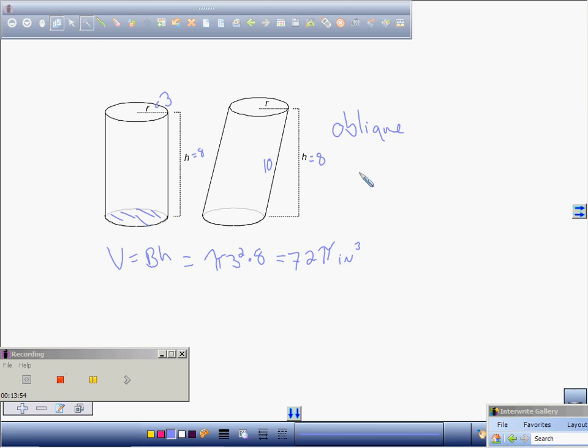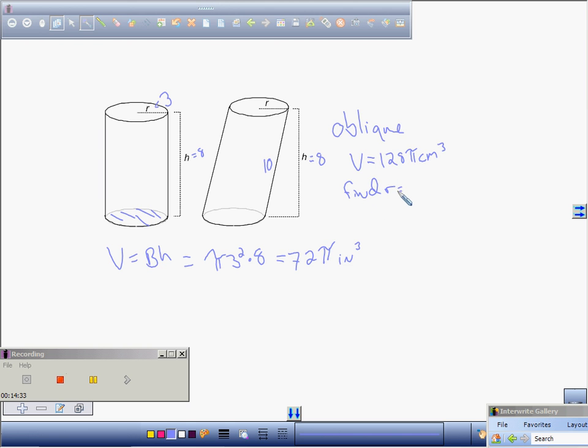Okay? So say in this particular oblique cylinder, I know that the volume of that one is equal to 128 pi centimeters cubed. And they asked me to find r, find the radius. Okay?